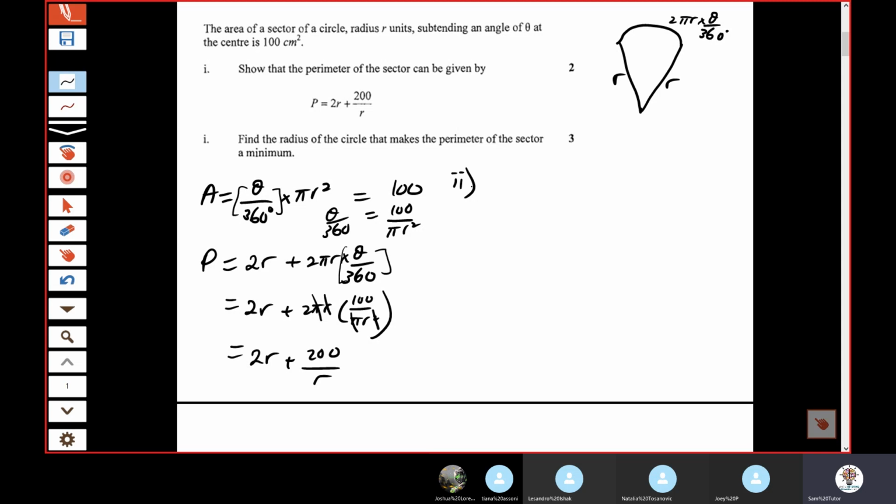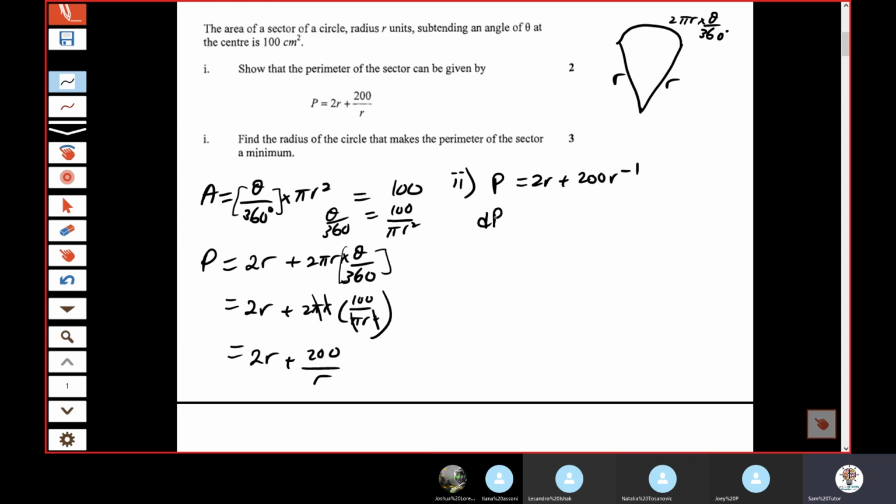What do you have to do with that r that's in the denominator before you can differentiate it? You've got to make it a negative power. Come on. So P, before you start, you needed to remember it had to look like this.